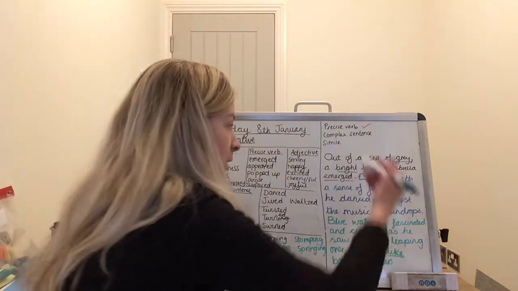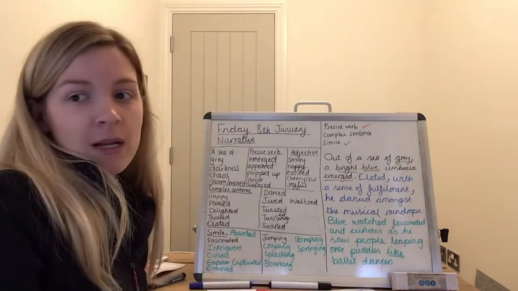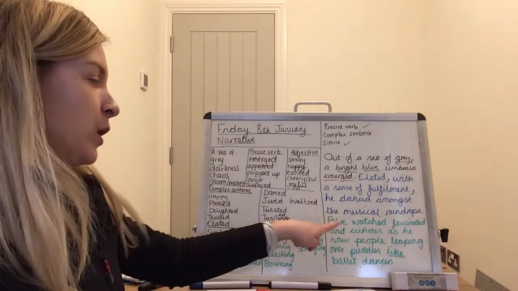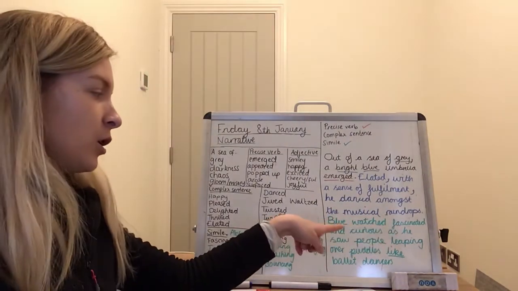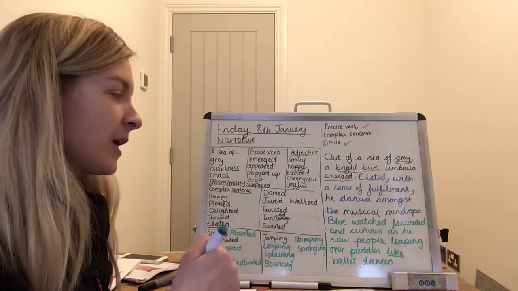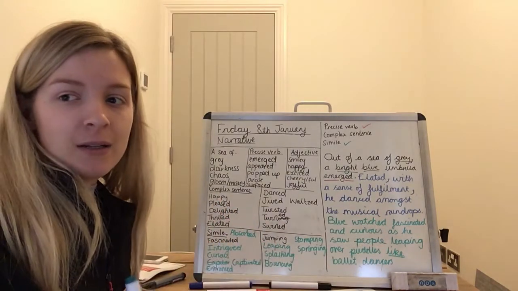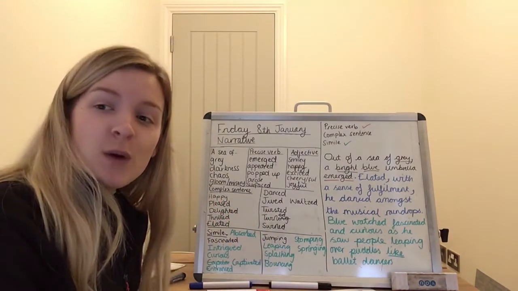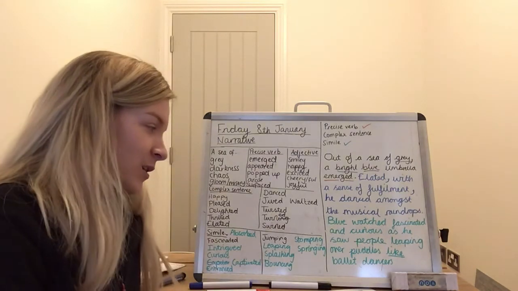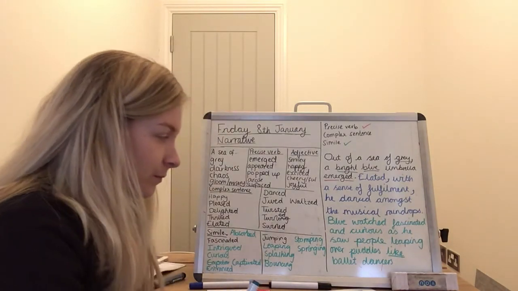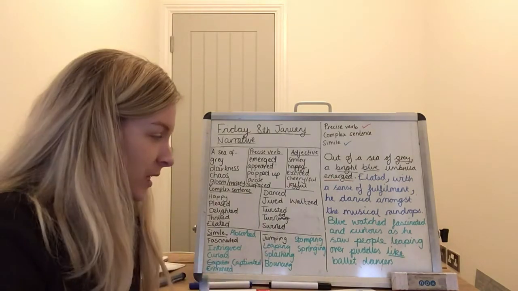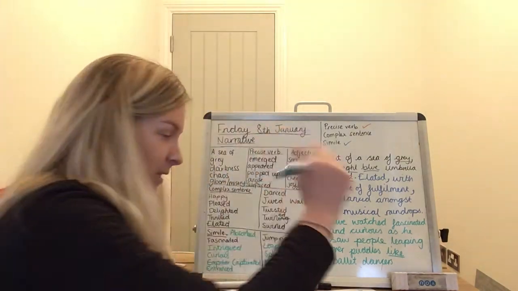That's how you're going to get your tick for your simile, okay? Blue watched, fascinated and curious as he saw people leaping over puddles like ballet dancers, okay? You're always super at coming up with the similes, year 3, so I cannot wait to see what you've come up with. I've just spotted, I've forgotten my full stop, silly Miss Palmer.